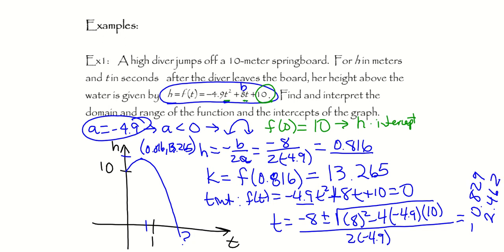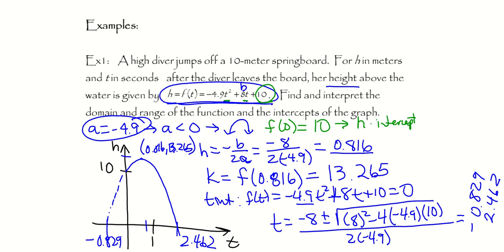So I now know that where this crosses the t-axis is at 2.462. What's this negative 0.829? If this parabola extended to the left, that's where it would hit on the left side. It's not relevant for our diver, because the only thing we know about her height is that it follows this function as long as she's in the air.